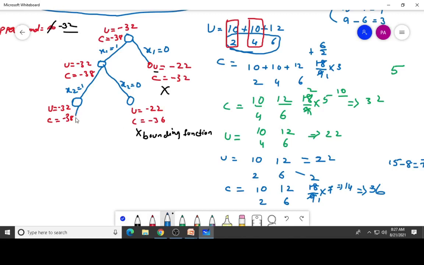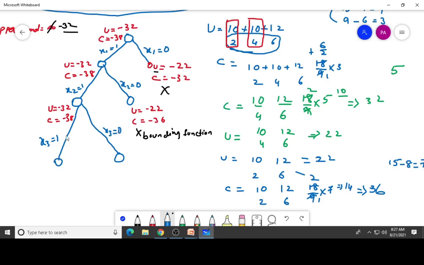Again, if I add the third item also, x3, the third item, is equal to 1. If I add here, if I don't add the third item.